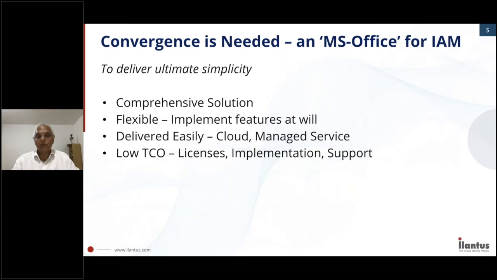A large number of customers are either freezing their project selections, and those who are implementing, many of them are going in slow gear. And as much as they would like, for a variety of reasons, IAM to be implemented, they are being forced to slow down because of the very high total cost of ownership. So that is another important requirement.